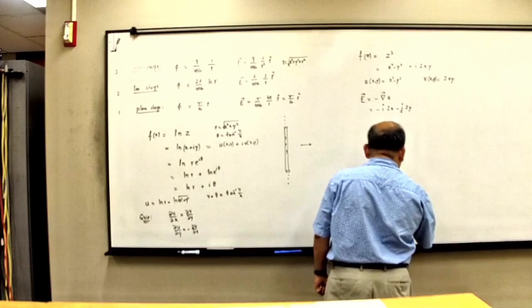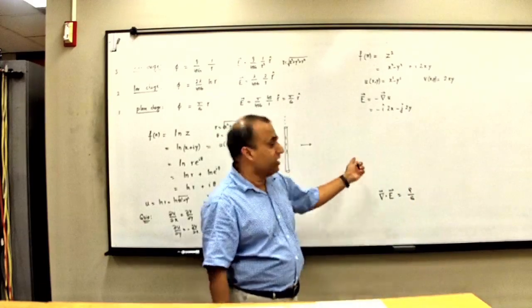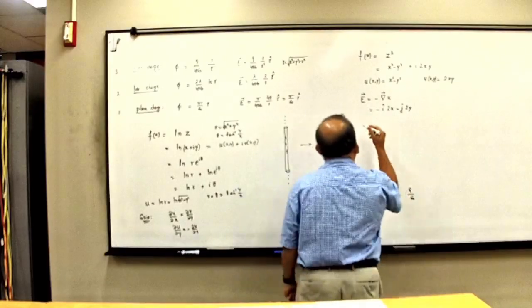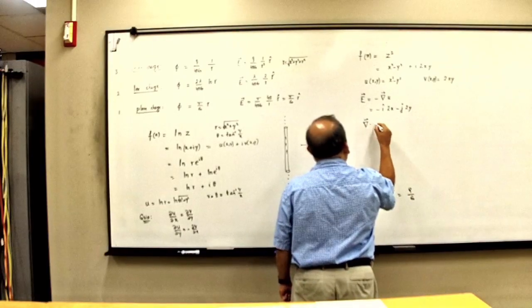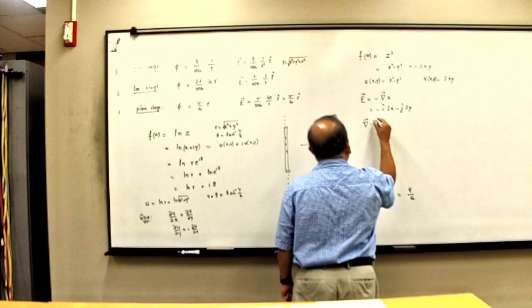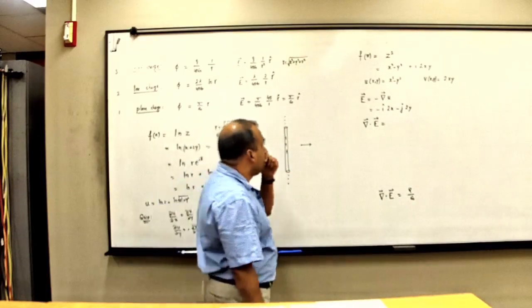This is the charge density over epsilon naught. So I can say what is that equal to.